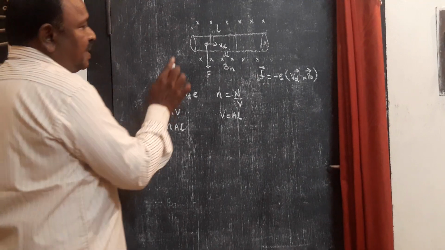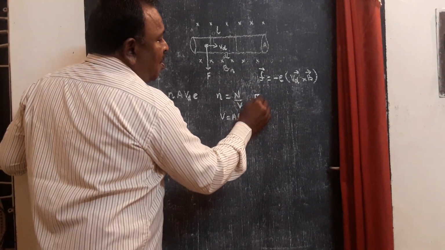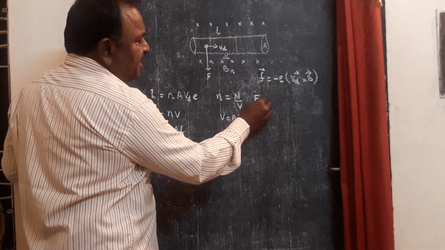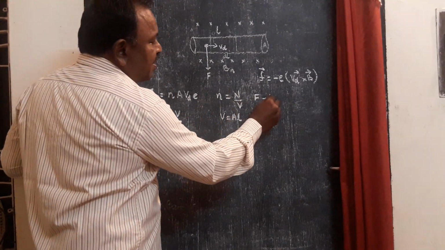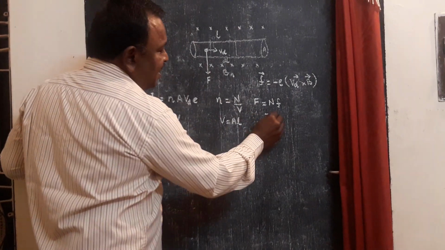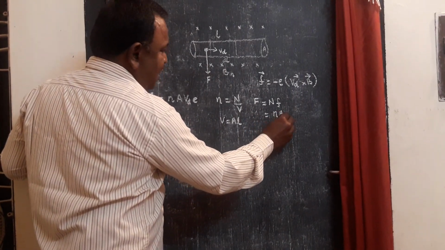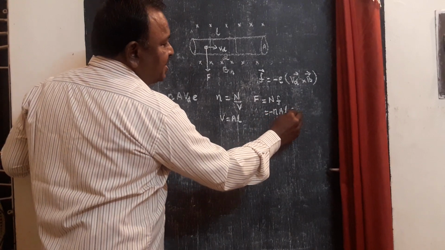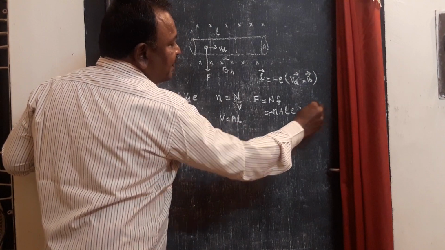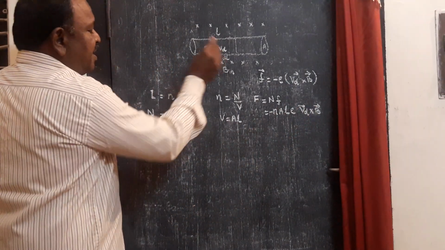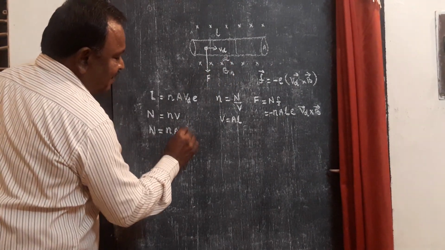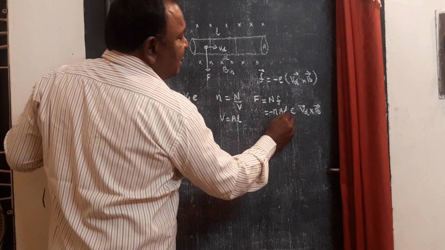Therefore, the Lorentz force on the N electrons present in this element is obtained by finding the product of N into F. So we will have nAL times minus e Vd cross B. Since we have considered a small element dl, we can substitute dl here.